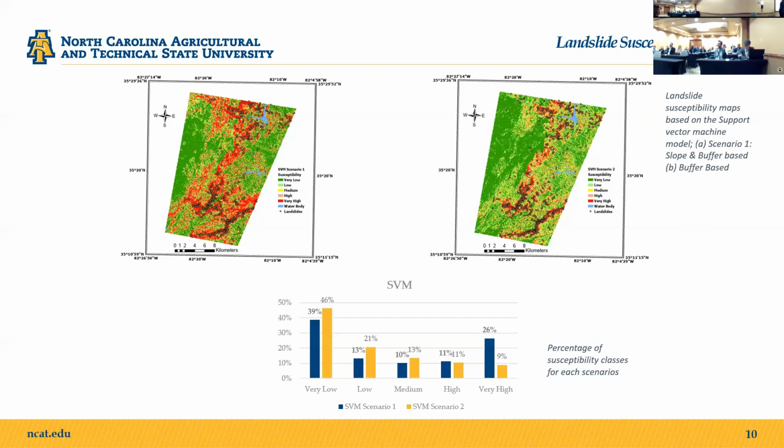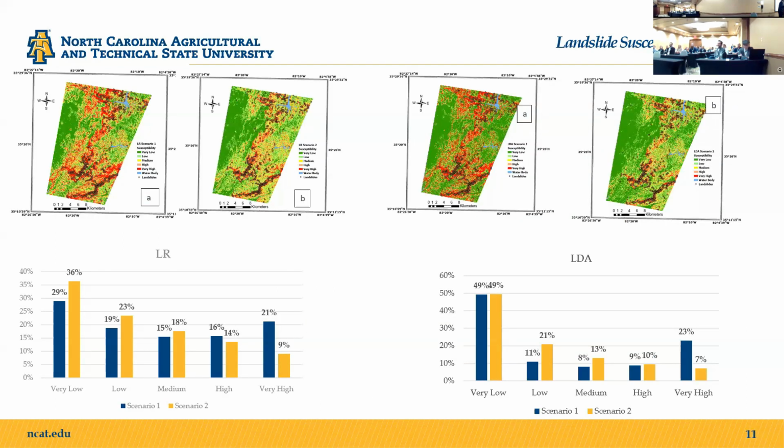So these are the graphs for scenario 1 and scenario 2. And also, these are the graphs for logistic regression and linear discriminant analysis. You can see they are very close to each other, but somehow different, for both scenarios.